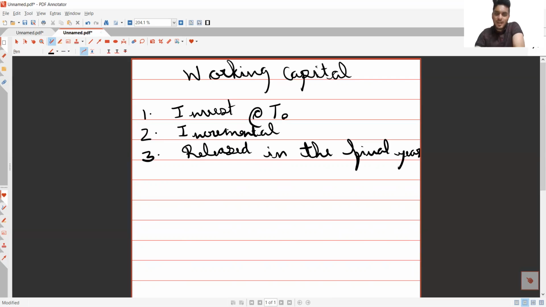Guys, I understand that these terms may not be very familiar. It's fine. Just bear with me till we hit a question. I'll show you how exactly these things are applied as we do a question on working capital. But please make sure that once we do a question, you remember these 3 areas.